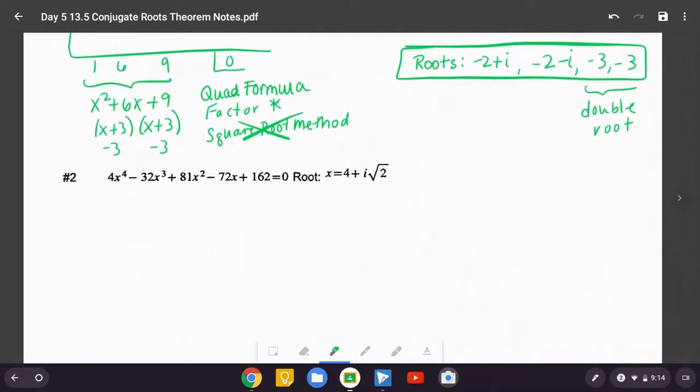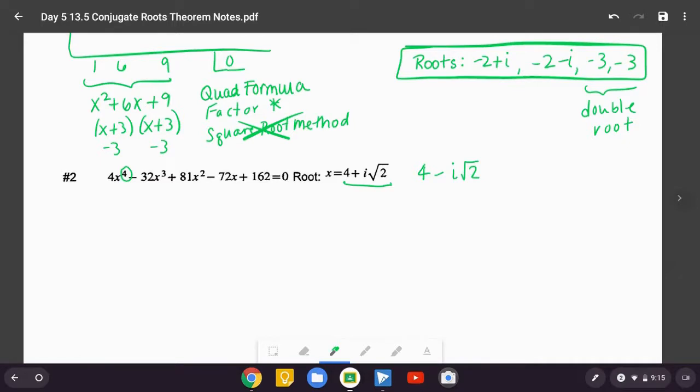This time they give us 4 plus i root 2, which is an irrational and imaginary root. So we know that by the conjugate theorem, we should have 4 minus i root 2 as a second root. All right, this is a 4th degree polynomial.